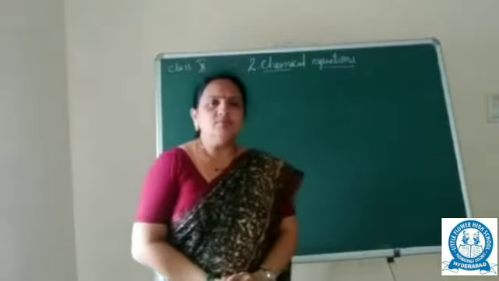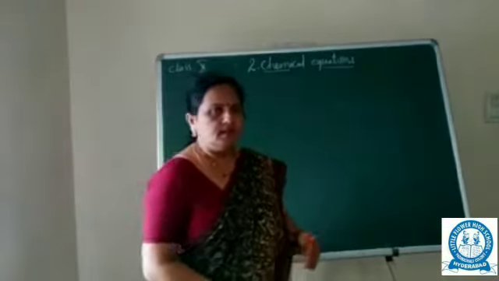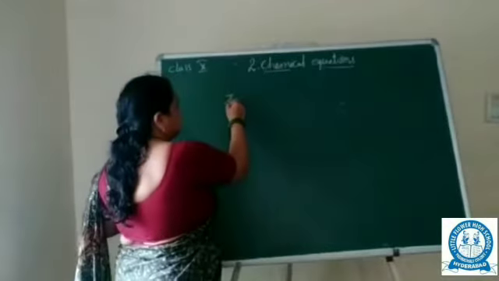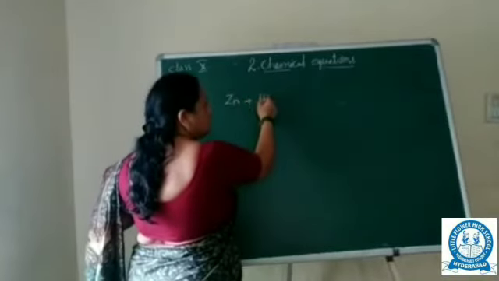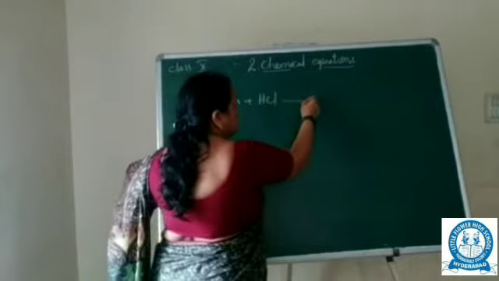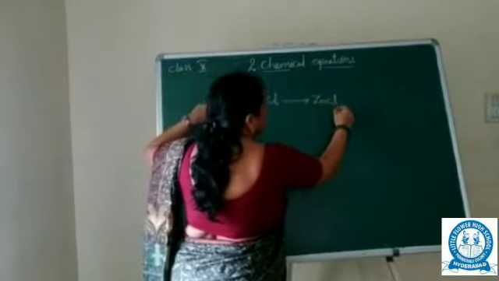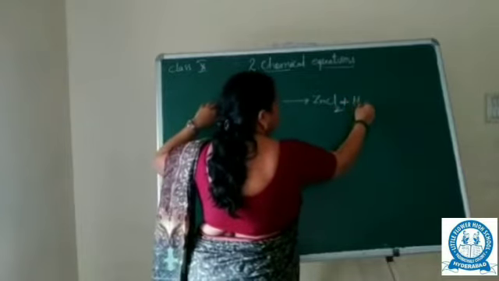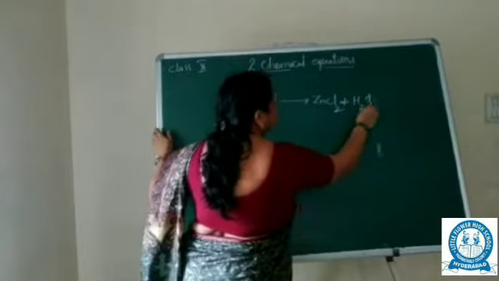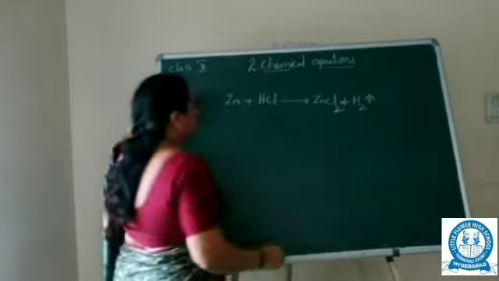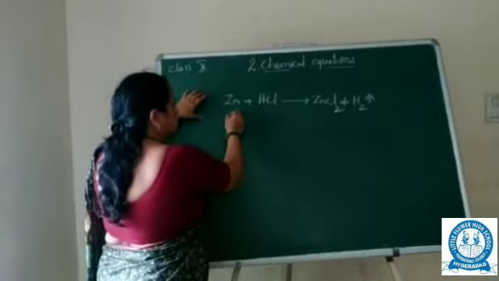We will consider more examples. Like zinc granules react with hydrochloric acid, then it forms zinc chloride and hydrogen gas. In the equation, zinc is solid.